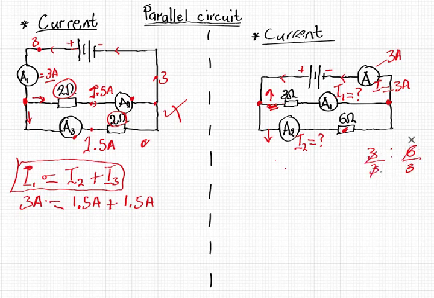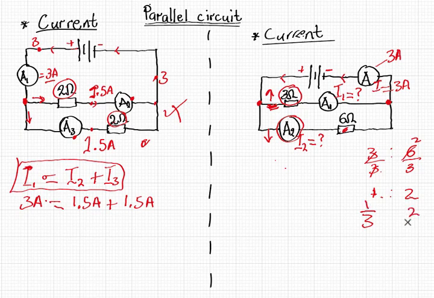This is 1, this is 2. So 1 is to 2. So 2 parts, or 2/3, will go through this resistor, and 1 part will go through this resistor. Less means what? The total of 1 part and 2 parts, when you combine them, is 3. So the total of the ratio is 3.